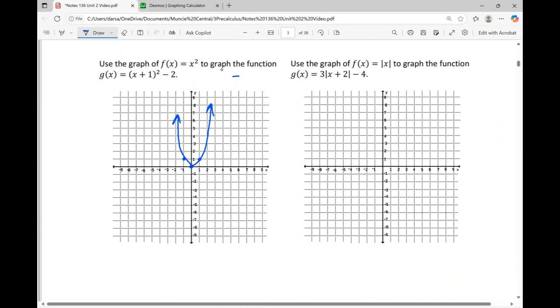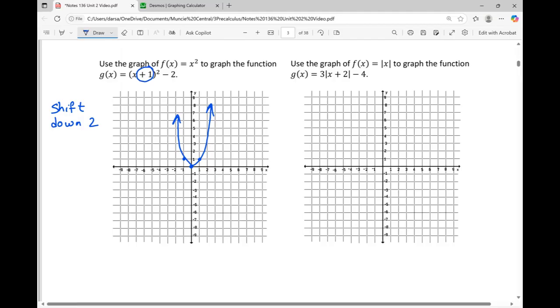The second thing is to do what we call list the translation. So for any number that's been stuck onto this, like this -2 on the outside, how does that change the graph? Well, that's going to shift the graph down 2. Remember, on the outside, plus and minus go up and down exactly the way that you think it should. But let's remember, what happens when we add or subtract on the inside?